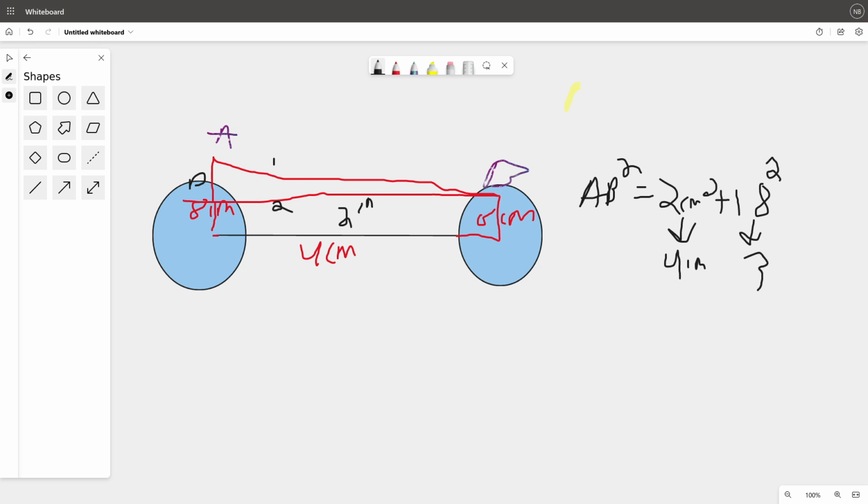So 18 squared would be 324, plus 4 would be 328. Now, whatever I get equals AB. And to solve it, we obviously just have to square root it.